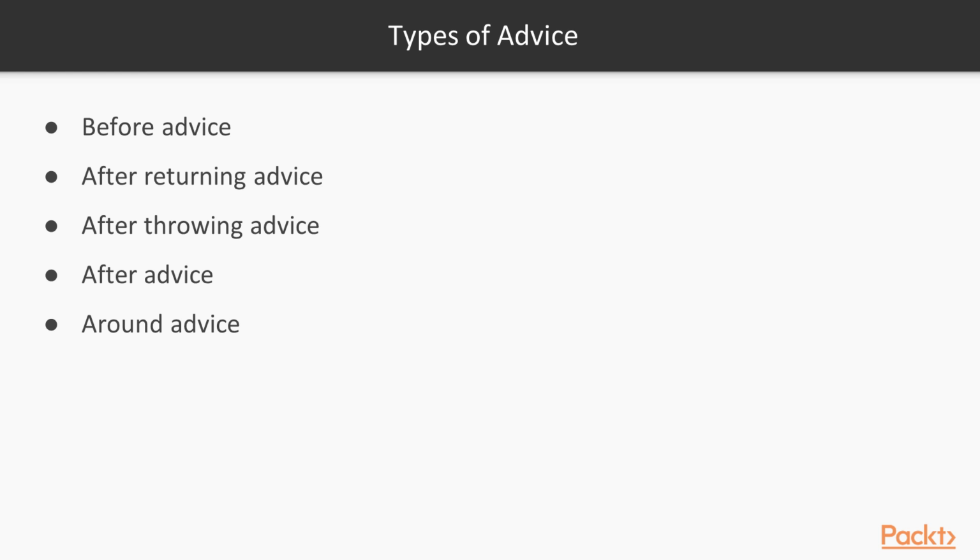For example, if we need to only update the cache with the return value of the method, we're better off implementing an after returning advice than an around advice. Although an around advice can accomplish the same thing. Using the more specific advice type provides a simpler programming model with less potential for errors.